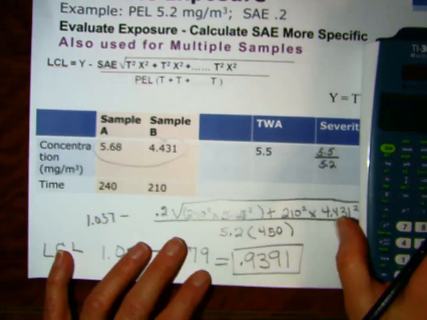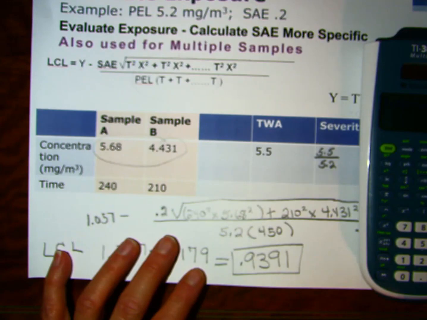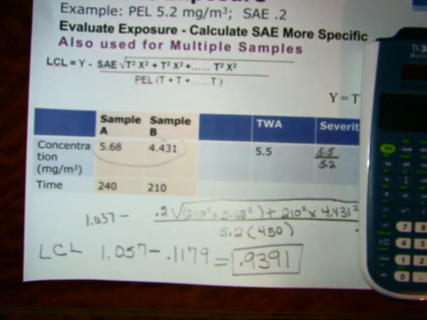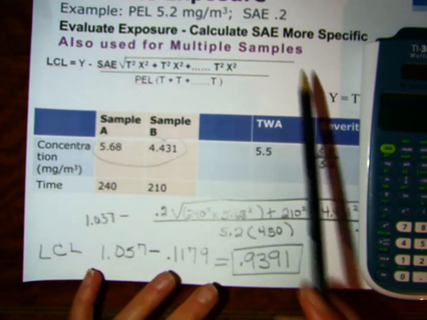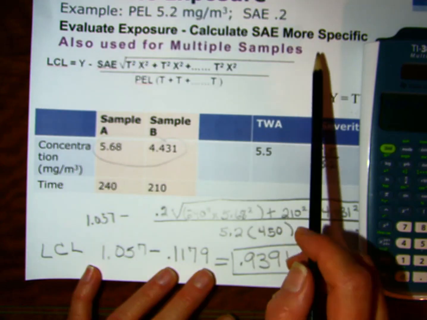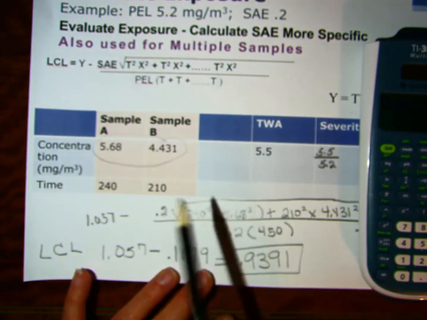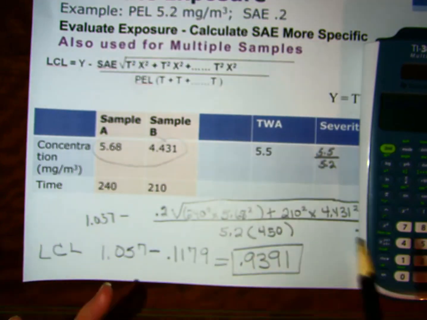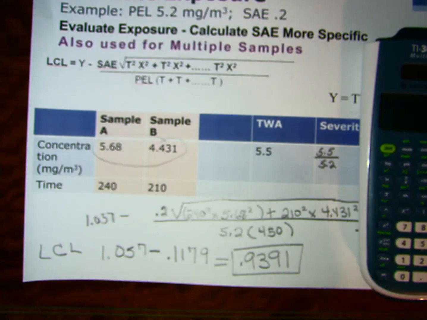Because our lower confidence limit fell below 1, fell below the line, I can be 95% confident that the person is compliant. They are not overexposed. And that's by using our standard analytical error calculation for multiple samples, and being very specific about weighting it by time and against the permissible exposure limit.